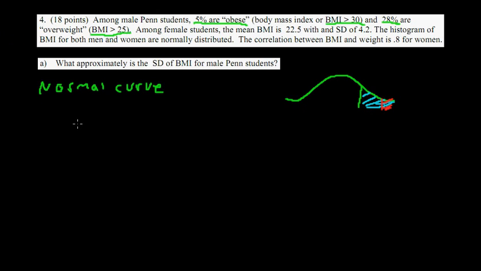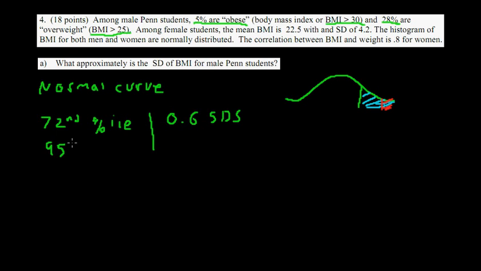Well, if we use a table, the 72nd percentile corresponds to 0.6 SDs, and the 95th, remember we're doing 5% are obese means that's the 95th percentile, 95% are less than that, right?